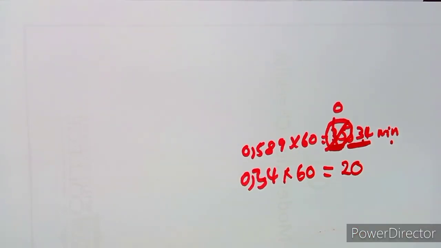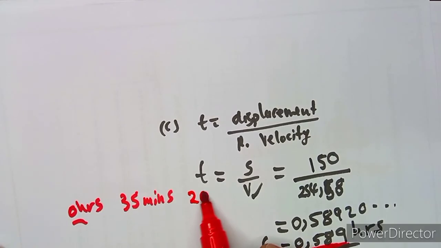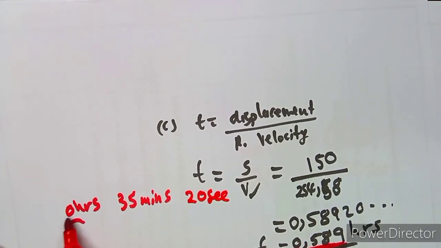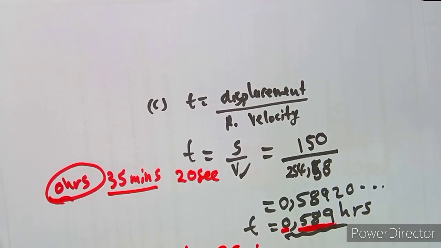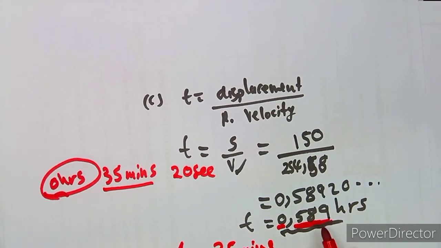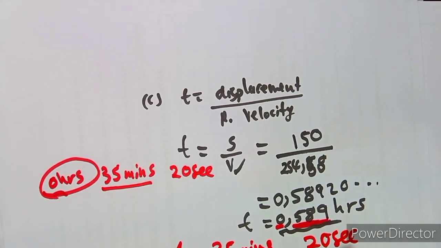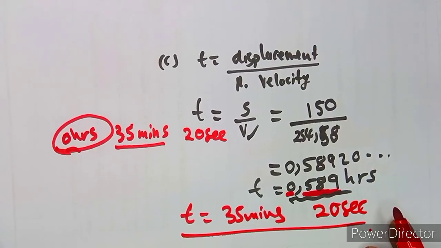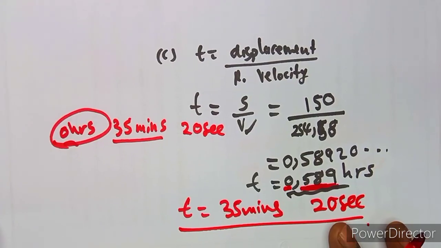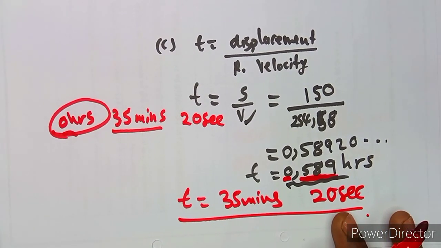This is now in seconds. So as you can see, guys, 0 hours, and our time is simply 35 minutes 20 seconds. All right, so this is the time that is going to be taken.